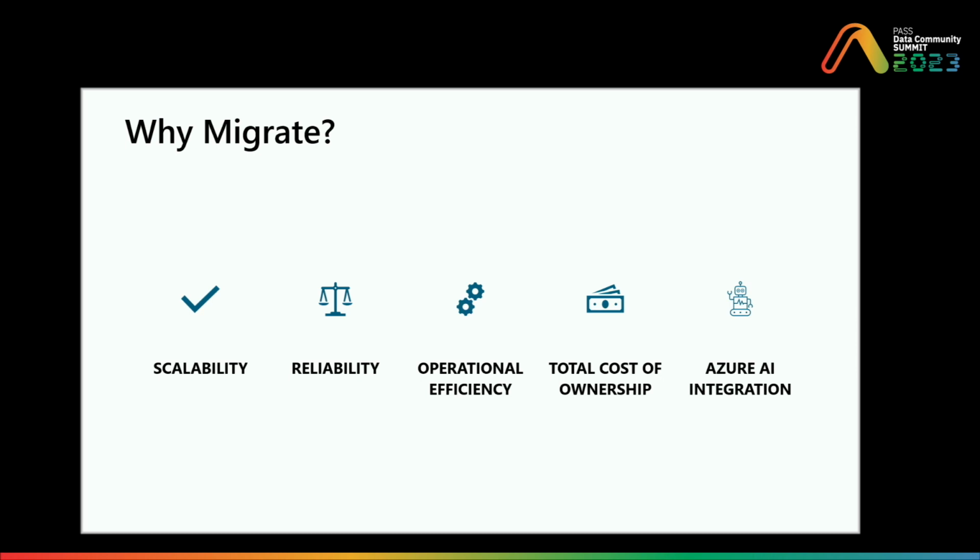Definitely reliability. Like Neil mentioned, that's one of the key factors which everyone considers. I'm running something on-prem, it's relying on my infrastructure, but how reliable will it be when I move to the cloud? We have 99.99% reliability with HA. At Ignite and PASS Summit, we announced that for DR as well, we are able to fail over to the DR, promote that to primary, at near zero downtime.